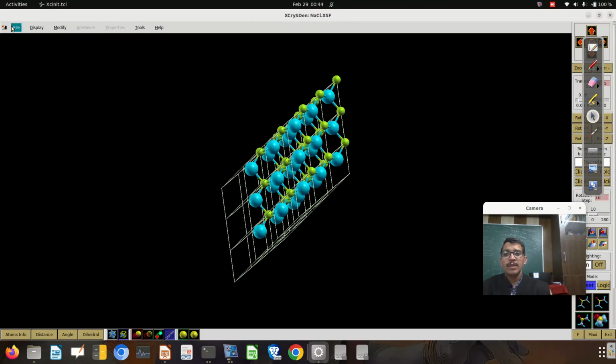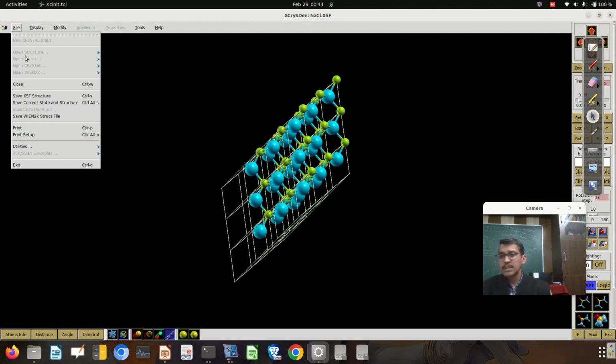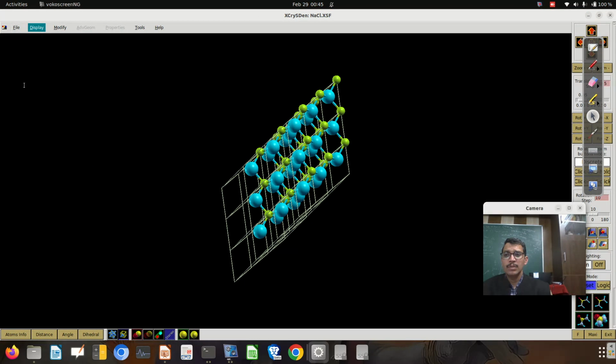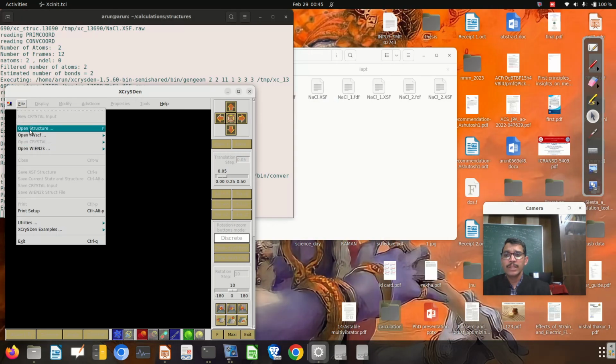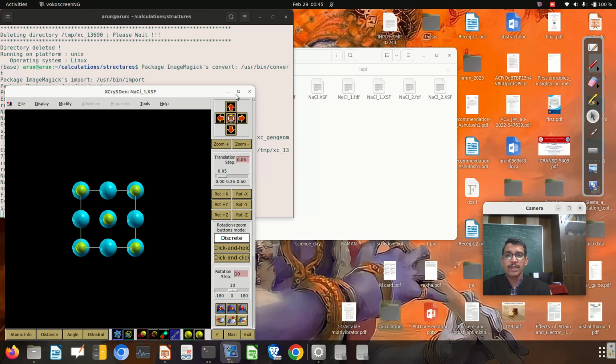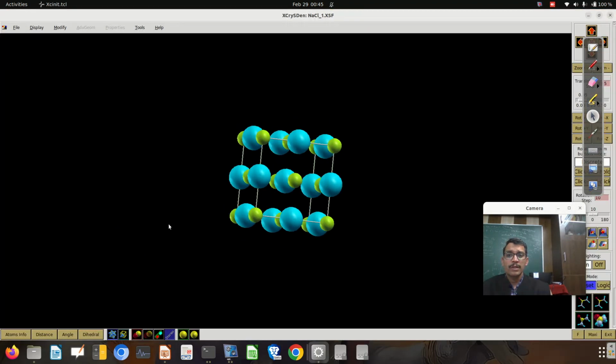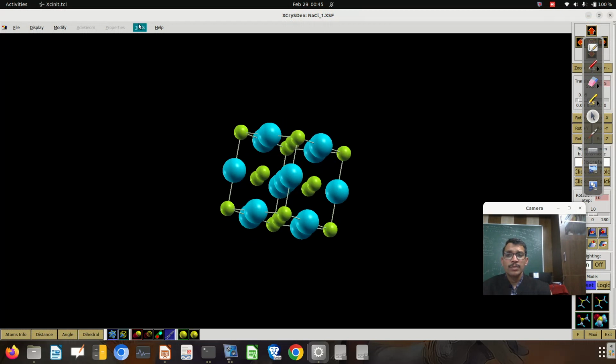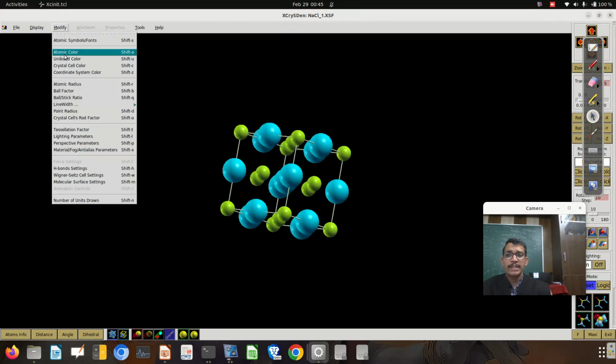Similarly, we can open another structure. For example, let me close it and then open another XSF file, NaCl_1.XSF. It also looks similar, right? So if atoms are not connected, then you can also modify, go to atomic radii.